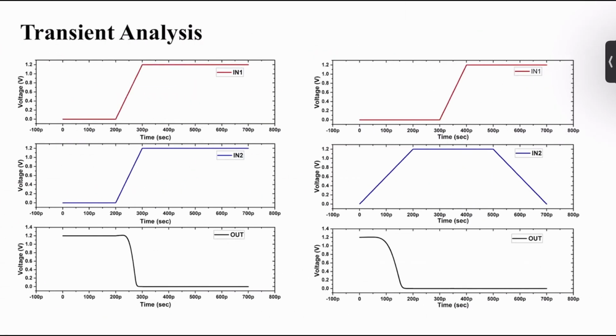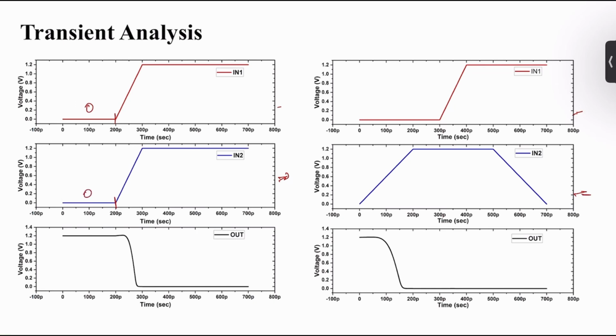Now coming to the main transient analysis of the circuit. Here we can see till 200 picofarad it's 0, and I took both graphs the same because I wanted to change this input, but I was not able to because I was getting some error. So I took one input and the same input for both cases, and in the second I changed some of input 1 and input 2.